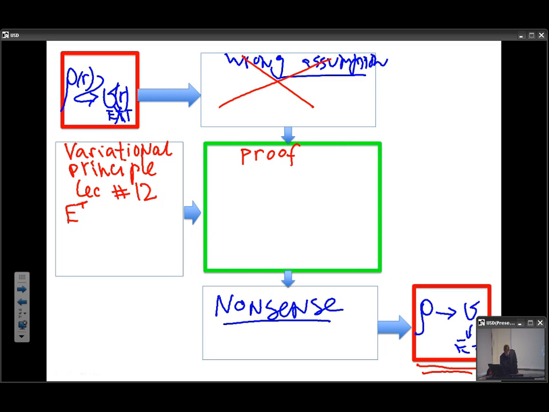So if one has a total energy for ground state, and one does have a wave function for ground state, then expectation value of any wave function that differs from the ground one will provide energy bigger than E sub 0.